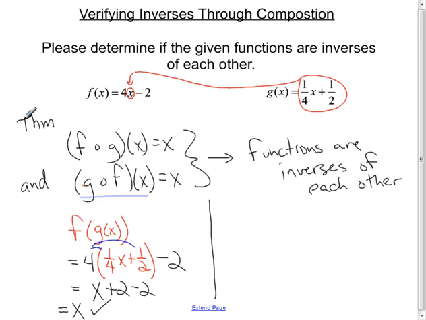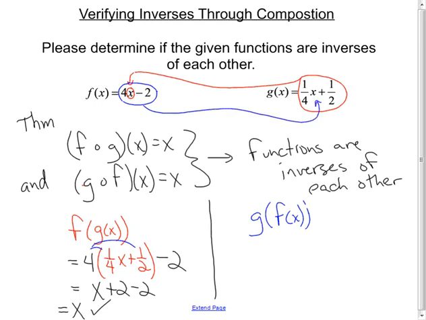I'll do that one in blue. And traditionally, what we try and teach kids from that notation, it means g of f of x, which means to take f of x and plug it in for x in g of x. So I'll do that with a blue ink here. I'm going to take f of x, the expression, and plug it in for x in g of x.